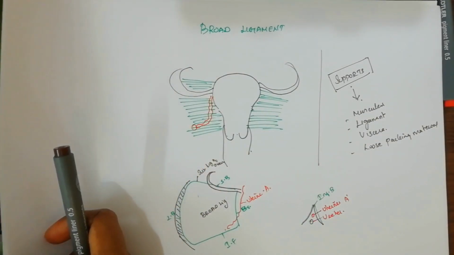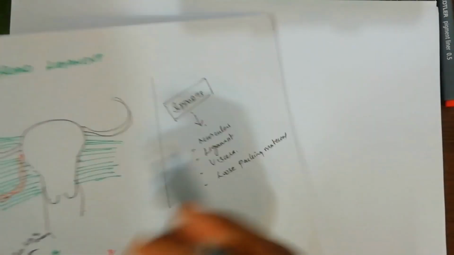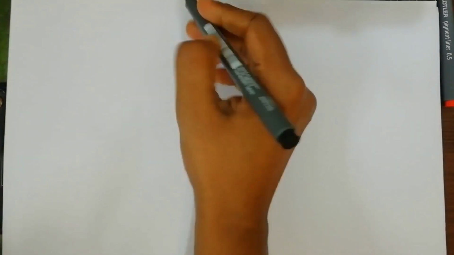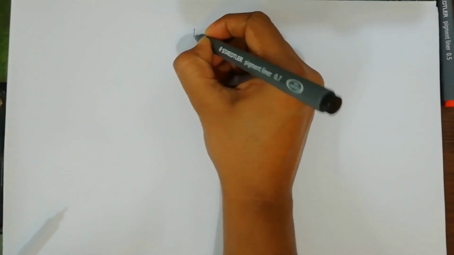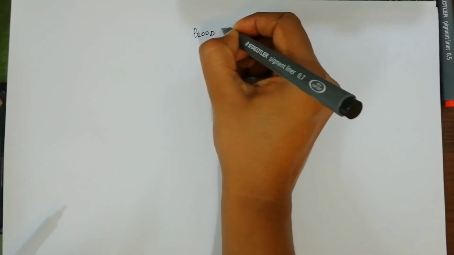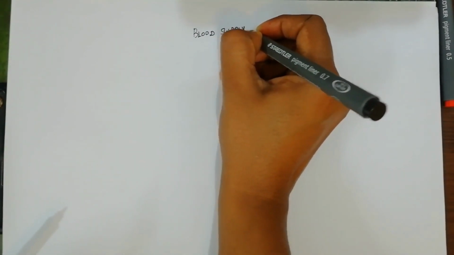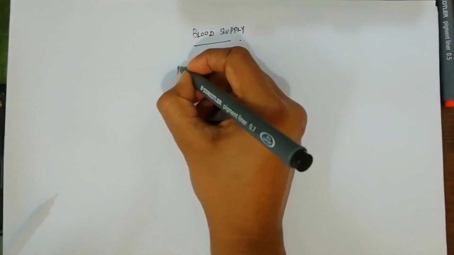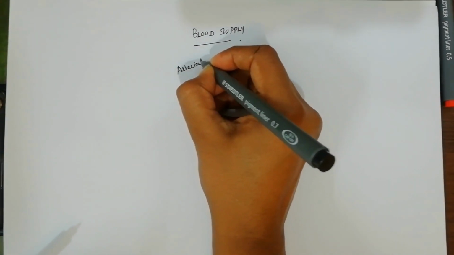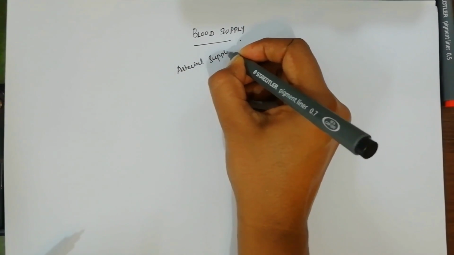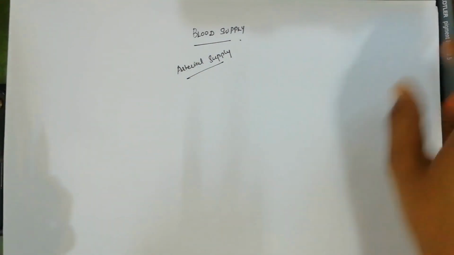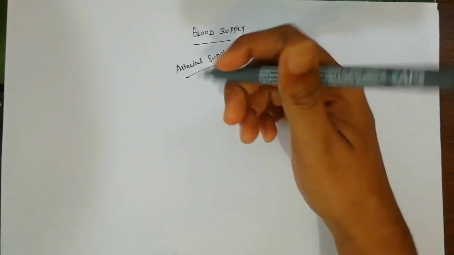Now we will deal with some important features of arterial supply, lymphatic and nerve supply. Talking about the blood supply of uterus, the arterial supply is mainly by the uterine artery.